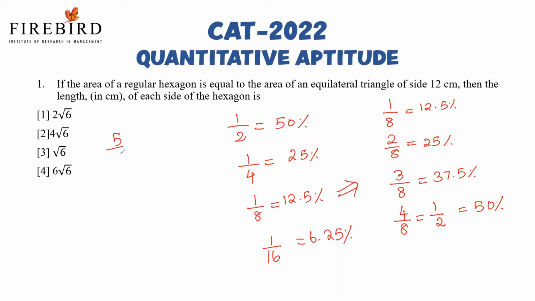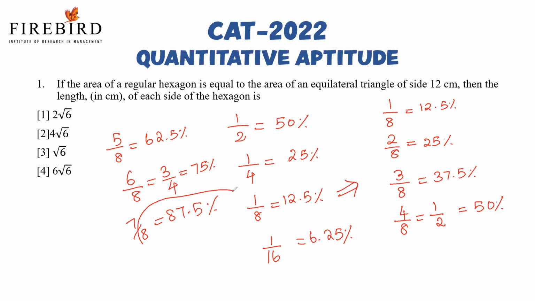Then 5 by 8 is 62.5 percentage. 6 by 8 is 3 by 4, 75 percentage. And 7 by 8 is 87.5 percentage.